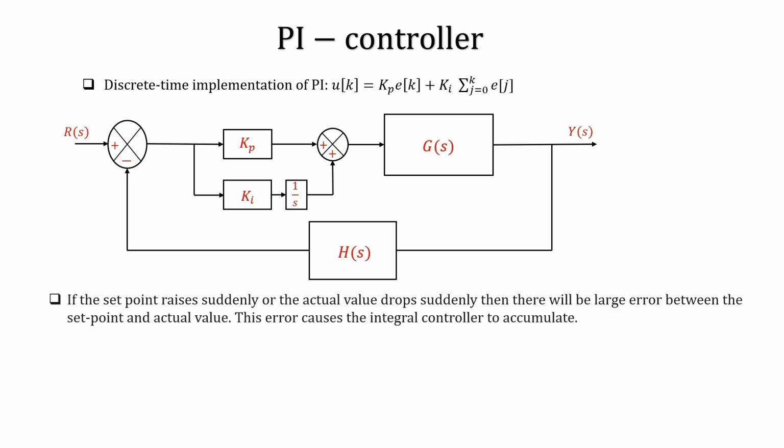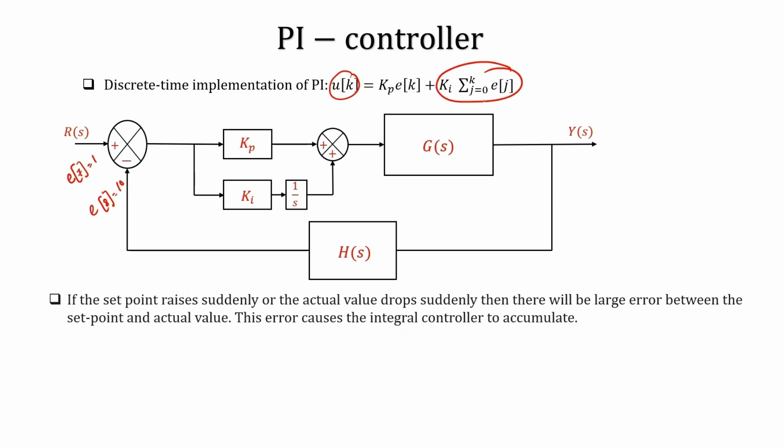Suppose there is a sudden change in the set point, then there will be a large error, and since the PI controller is a summation of the errors, a large error means that the output in this case will also be large. Suppose that at e(7) you were at 1, and at e(8), the next sample itself, the error becomes say 100. So then what will happen?